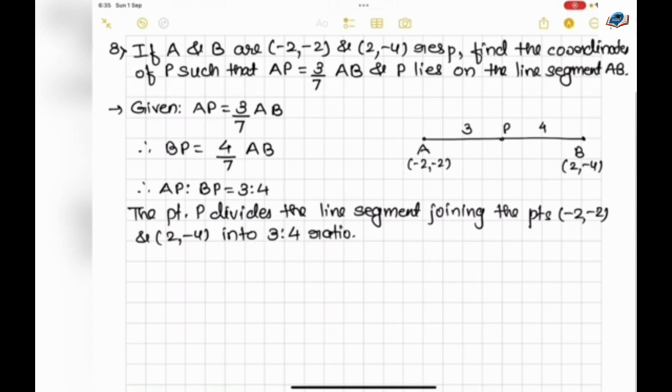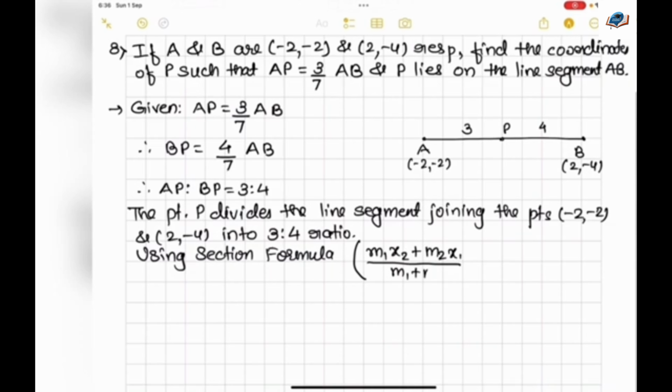So using section formula, I can say that is section formula (m1x2 plus m2x1) upon (m1 plus m2) comma (m1y2 plus m2y1) upon (m1 plus m2).